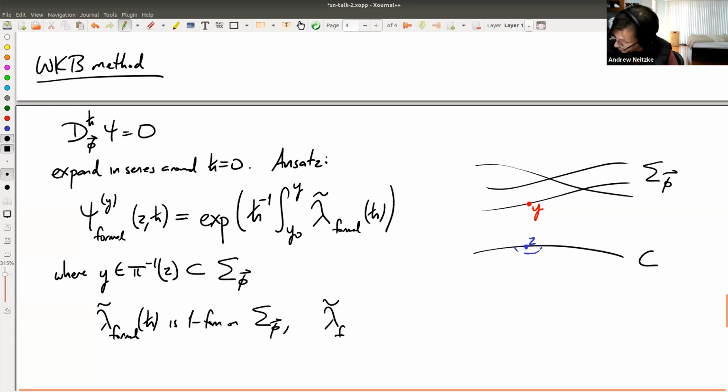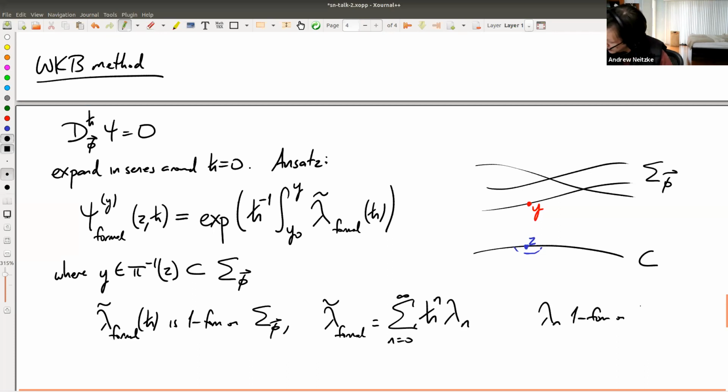So lambda twiddle formal will be the sum from 0 to infinity of Hbar to the n lambda n. So each lambda n is a one form on sigma phi.